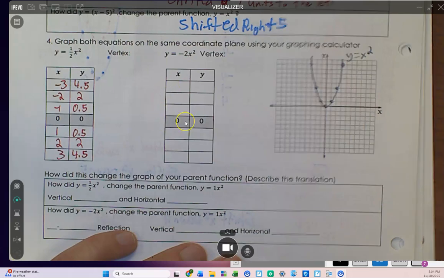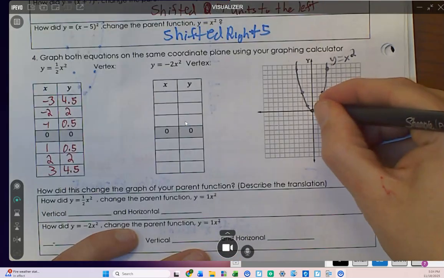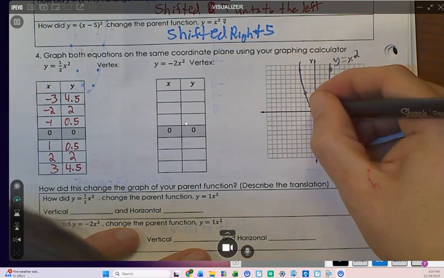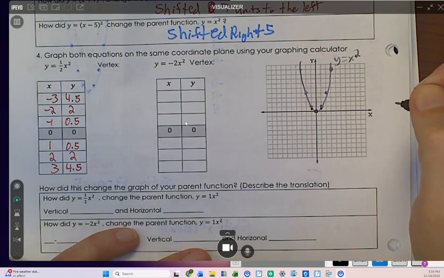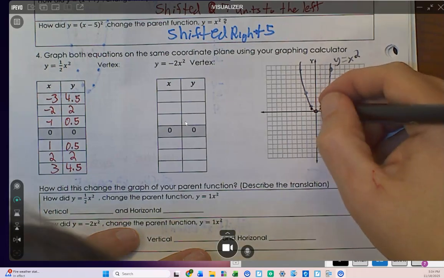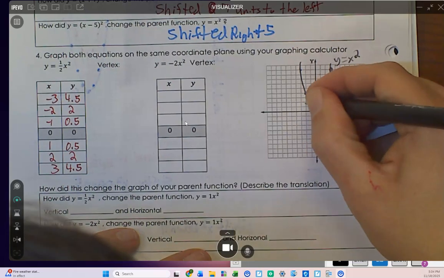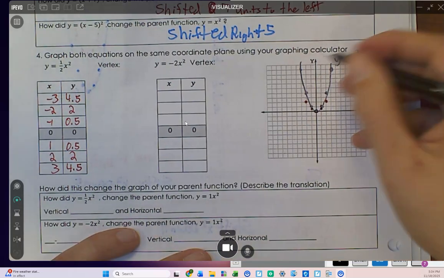Okay, graph these points. (1, 1/2) would be there. And then (2, 2), (-2, 2). So it's got symmetry.